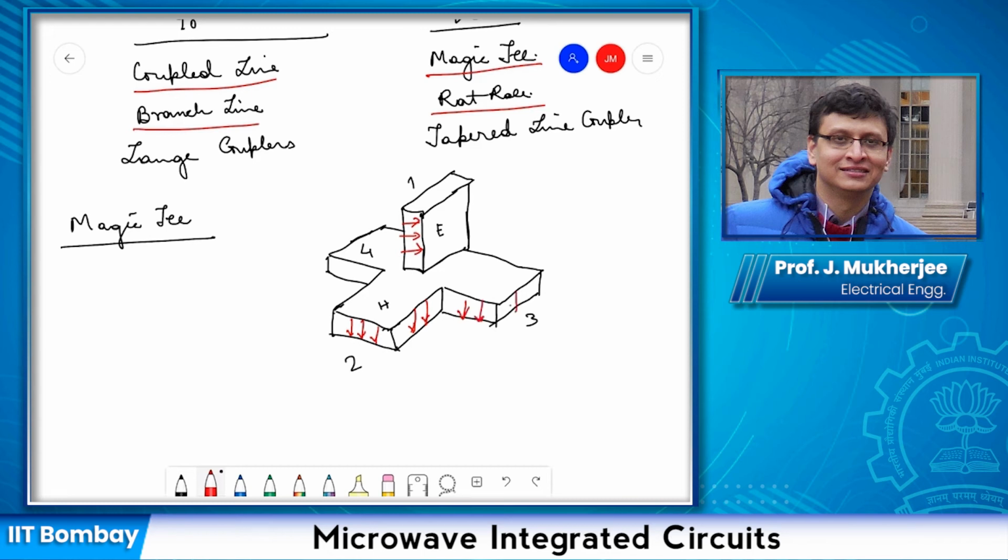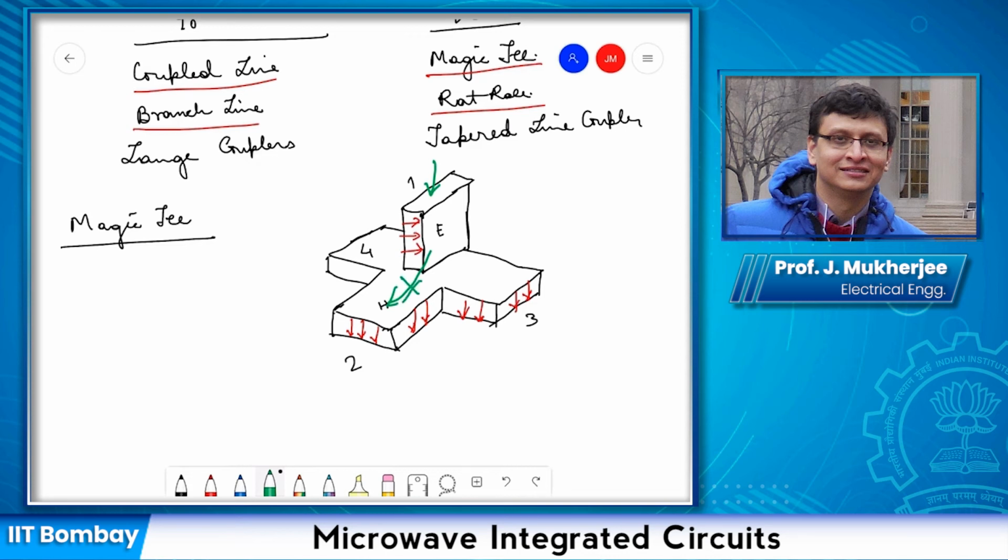So what happens is that any signal that is inputted, say at port 1, because of this peculiar shape of the electric fields between E plane and H plane T, no signal passes from port 1 to port 2.